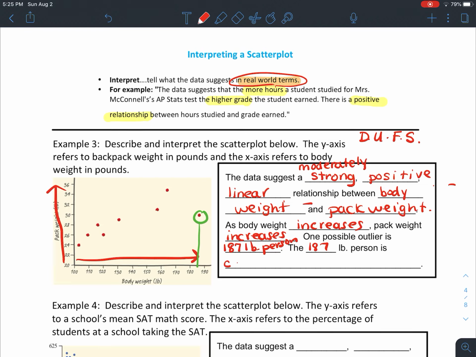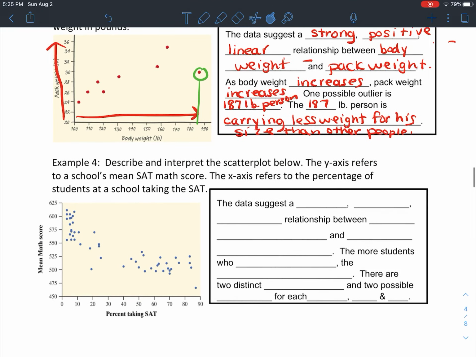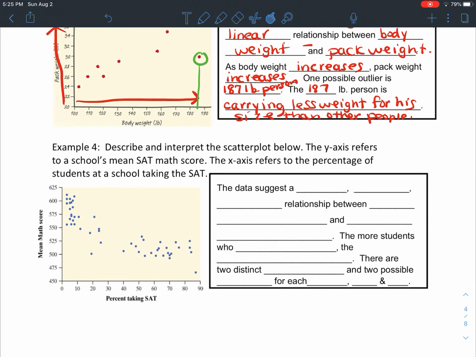The 187 pound person is carrying less weight for his size than other people. I would have expected that this person that weighed this much would have been able to carry the most of all of the people in this, so I would have expected this to have been up here. That's why we're saying this is an outlier. He's carrying less weight for what his size is.